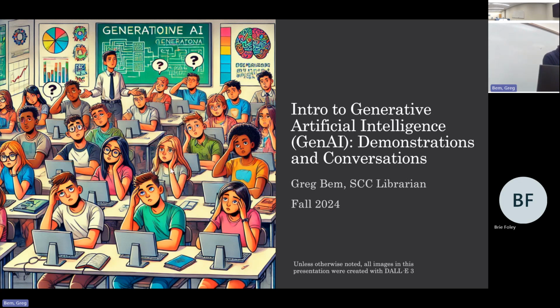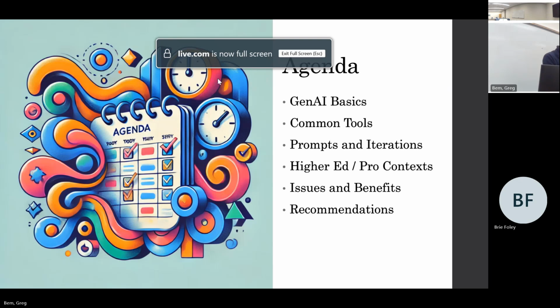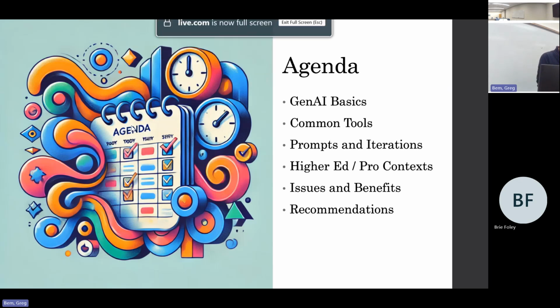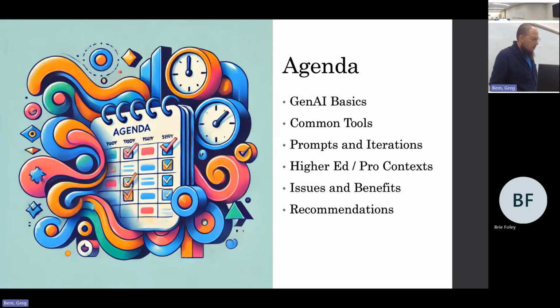So let's get started. Here's our agenda for today. We are going to cover GenAI basics, then talk about some common tools and take a look at a couple of them. We'll discuss the ideas around prompts and iterations. We'll talk about higher education and professional contexts for GenAI.